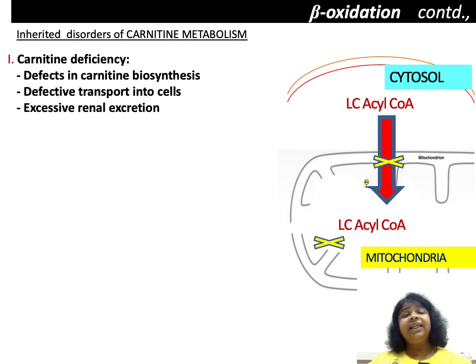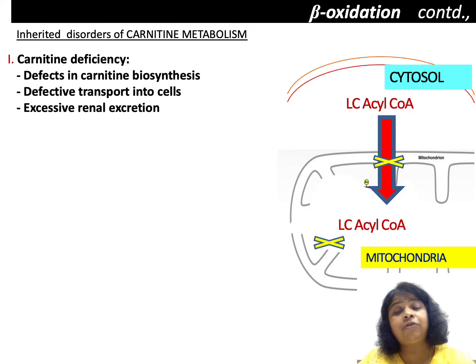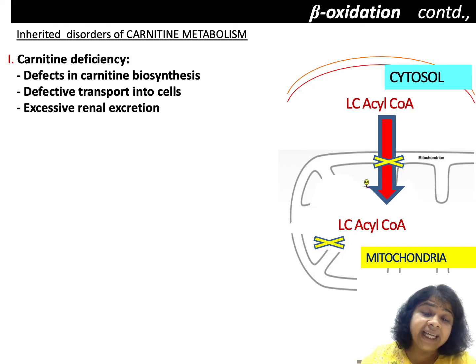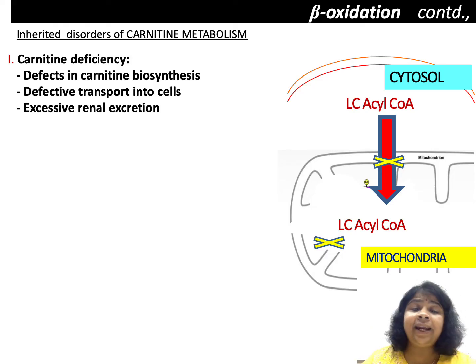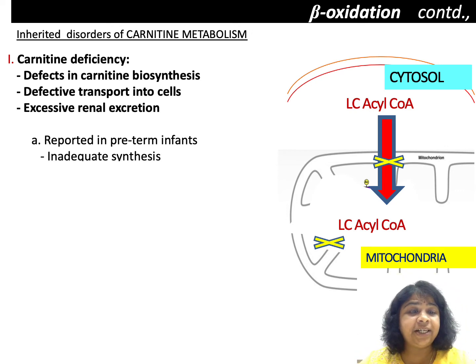Now suppose there is a disorder of carnitine metabolism. Either the synthesis of carnitine is defective, or the transport of carnitine into the cell is defective, or there is excessive excretion of carnitine. In any of these three conditions, carnitine will be less. So when carnitine is less, the long chain and very long chain fatty acids cannot enter into the mitochondria for oxidation.